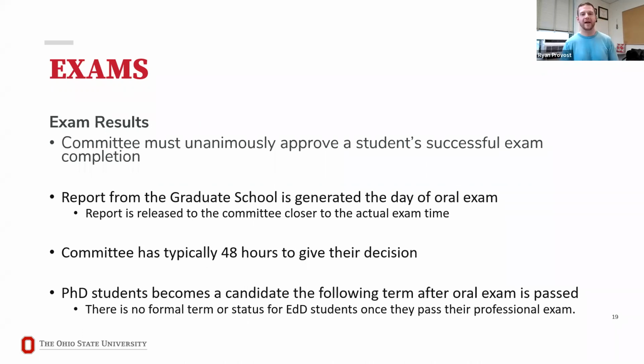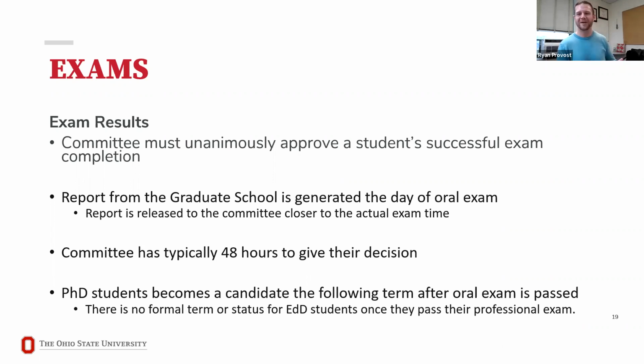The results of your exam. An important thing to note is that your committee must unanimously approve your exam in order for it to be a successful exam. So that's why when we say you can have more than the minimum number of members, Lisa raised an eyebrow, because why would you want more people if it has to be unanimous, right?